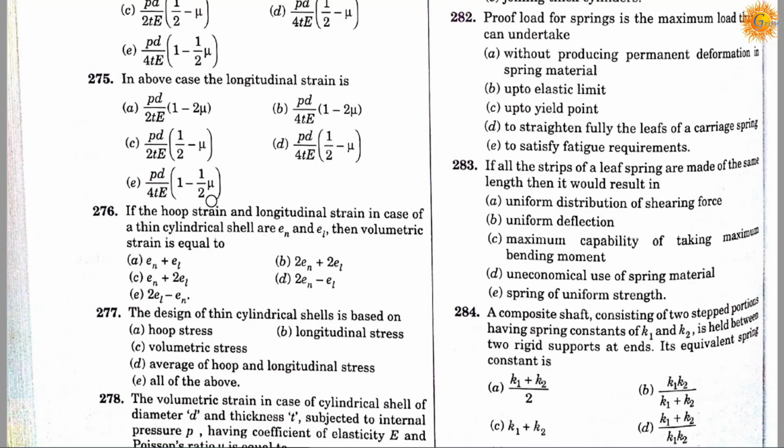So correct answer is D. It will be PD upon 4TE in the small bracket (1 upon 2 minus mu).